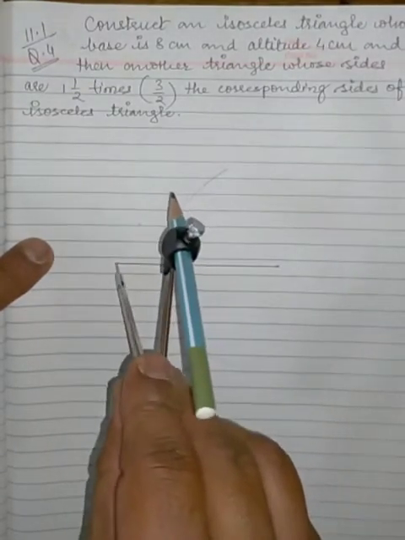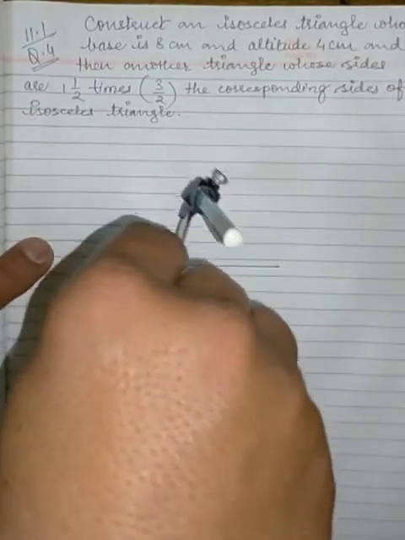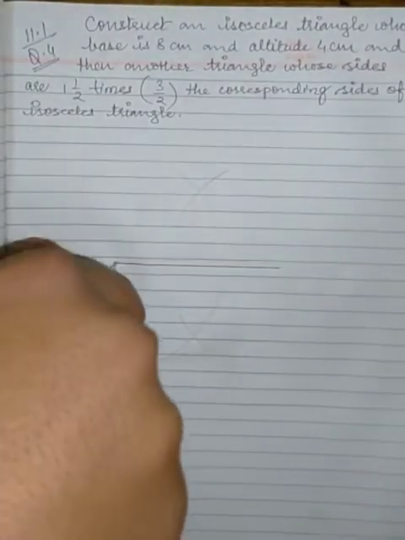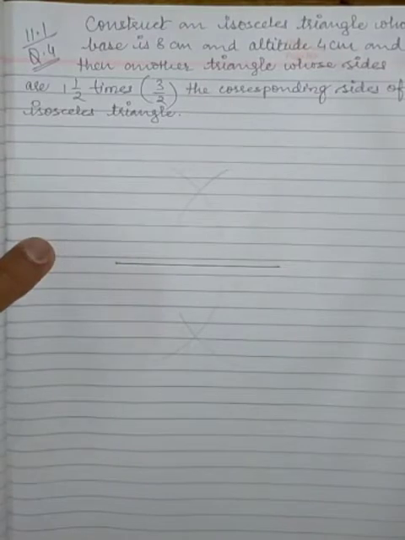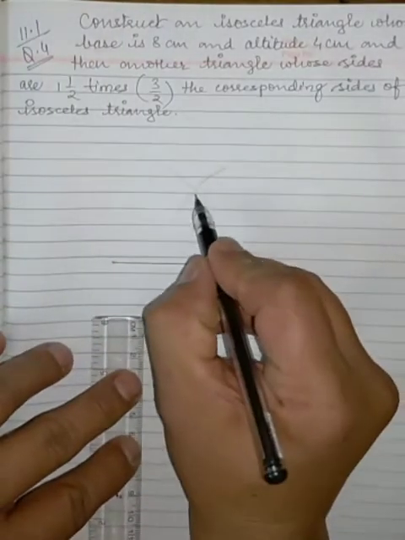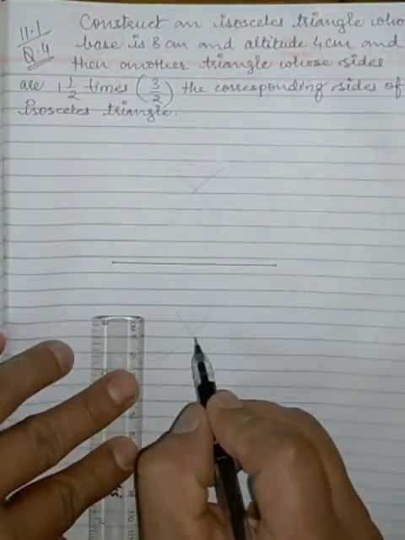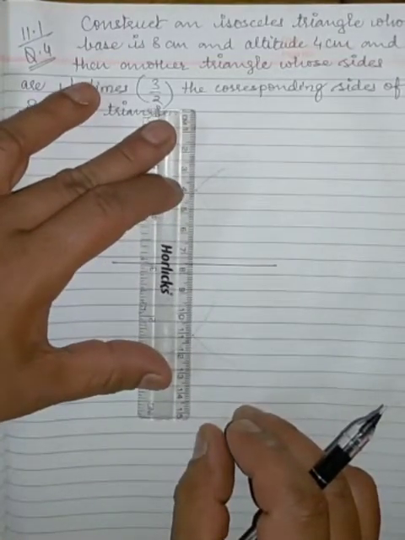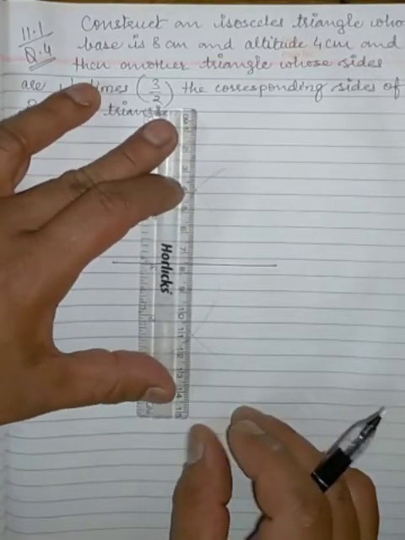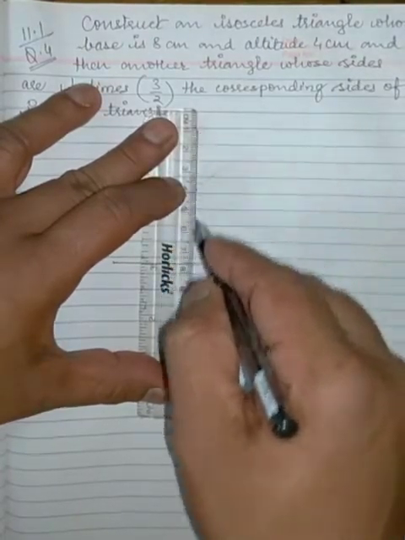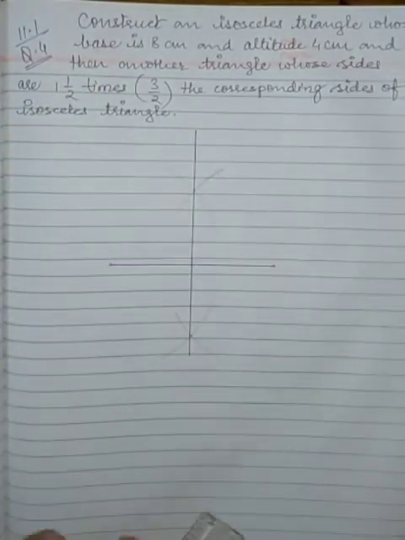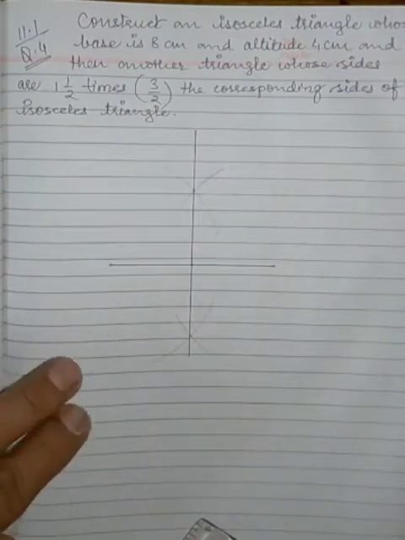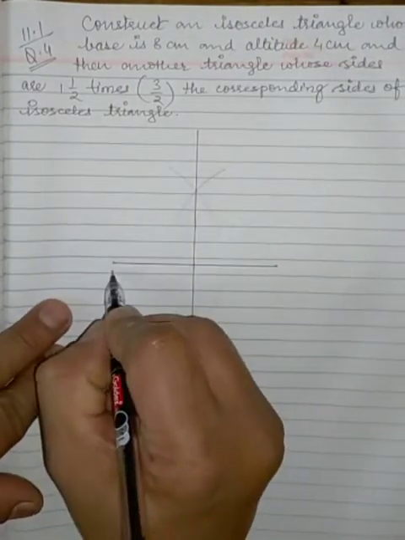Then using this point, again draw two arcs upward and downward to intersect the previous arcs. So here we get 2 points. We will join them, and this will be the perpendicular bisector of our base.